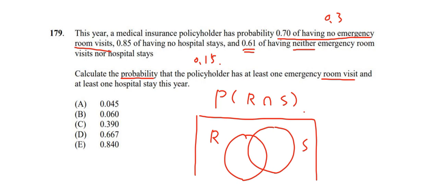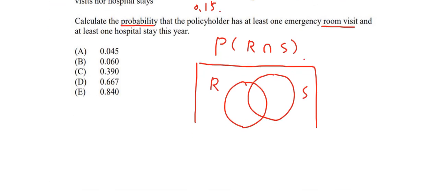And outside is neither this nor that, so we put 61%, right? Yes, 61%. So this part means 39. Yeah, 39, right?